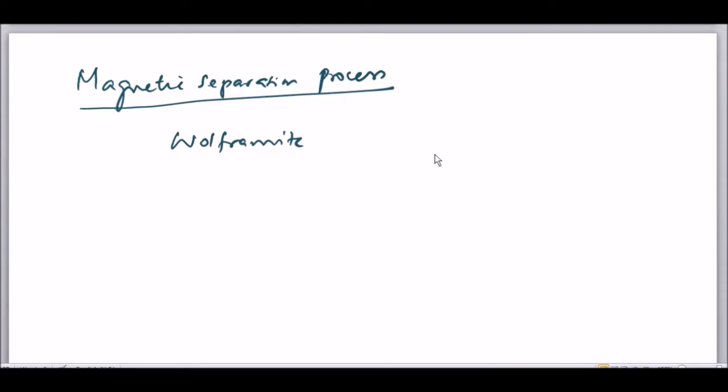Wolframite is an impurity, which is magnetic in nature, which is present in the tin stone. So sometimes it can have the magnetic character. So how to remove this magnetic wolframite impurity from the tin stone?